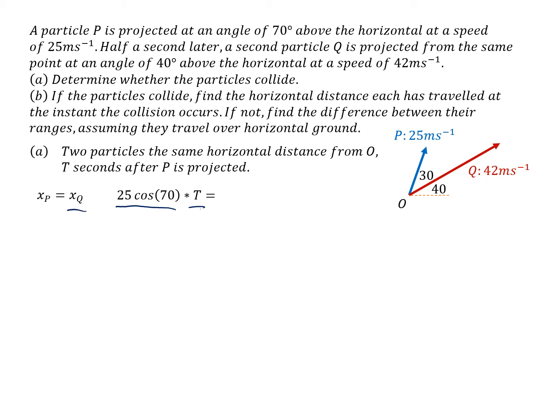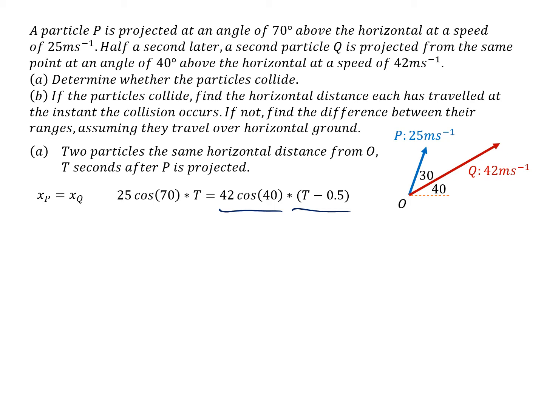But for xQ, the horizontal displacement of Q, we've got 42 cos 40 as its initial velocity, but it's being projected half a second later. So the time that it's in flight for is half a second less than particle P. So the horizontal displacement of Q is its initial velocity multiplied by t minus 0.5.